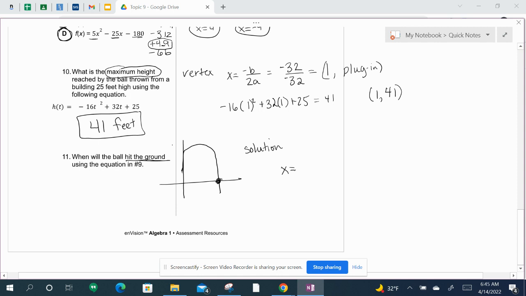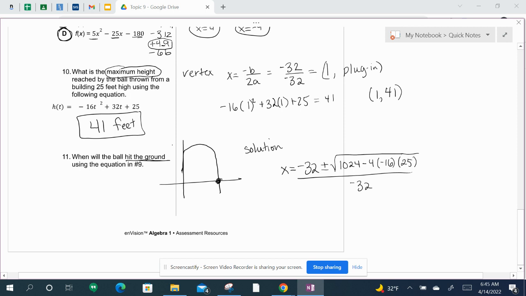So x is equal to the opposite of b, negative 32, plus or minus the square root of b squared. So 32 squared, that's 1024, minus 4 times a, which is negative 16, times c, which is 25, all divided by 2 times a. 2 times negative 16 is negative 32.